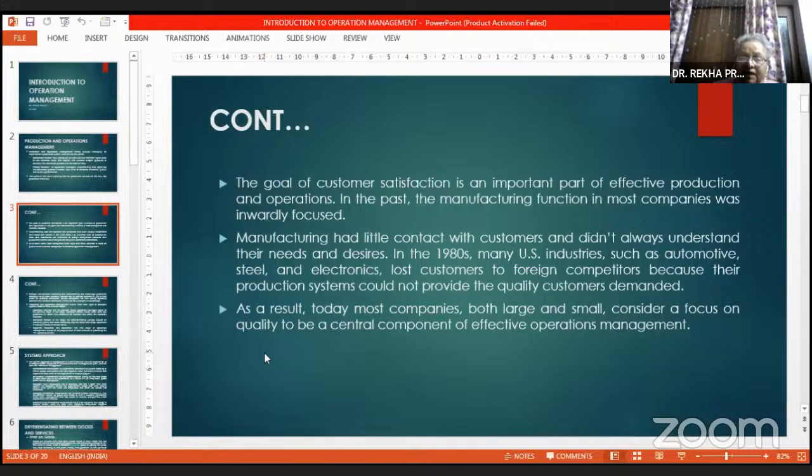So then they realized how important it is to understand what the consumer wants and what he or she can afford. Especially these hatchback cars. Initially Americans were producing huge cars, but there were no hatchbacks.